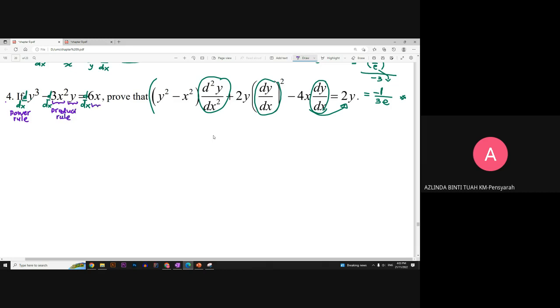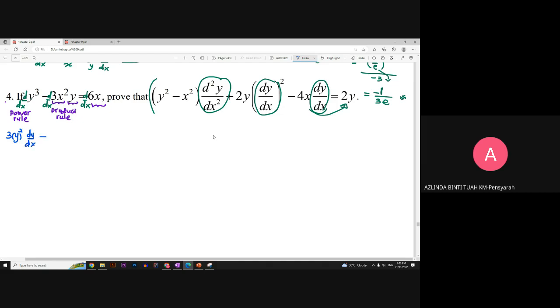Okay, yang ini differentiate, keluarkan 6, differentiate x sama dengan 1. Gunakan power rule jugalah sebenarnya. Okay, what's next? Kita akan terus differentiate. First term, we're going to get 3y. 3 minus 1 is y, power of 2. Then differentiate inside the bracket, which is differentiate y, is dy per dx.